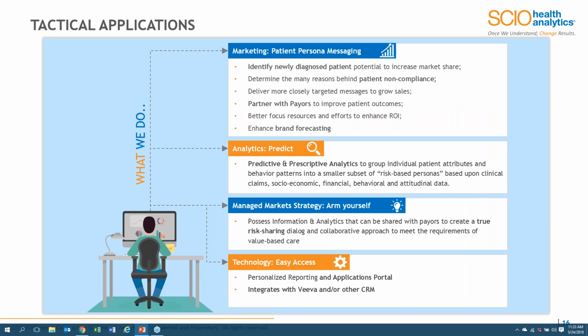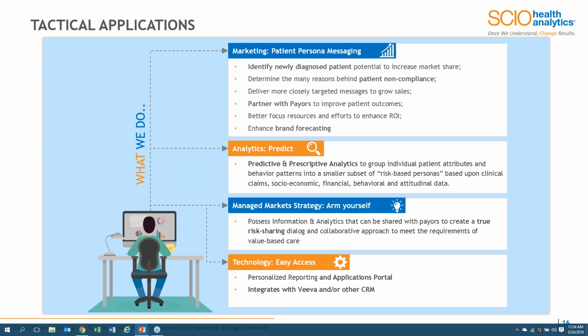No surprise. You should see my next slide here in terms of tactical applications. The first bullet, talk about good timing: identify newly diagnosed patient potential to increase market share. I would say that 50% of the conversations we have today are around two of the same topics.